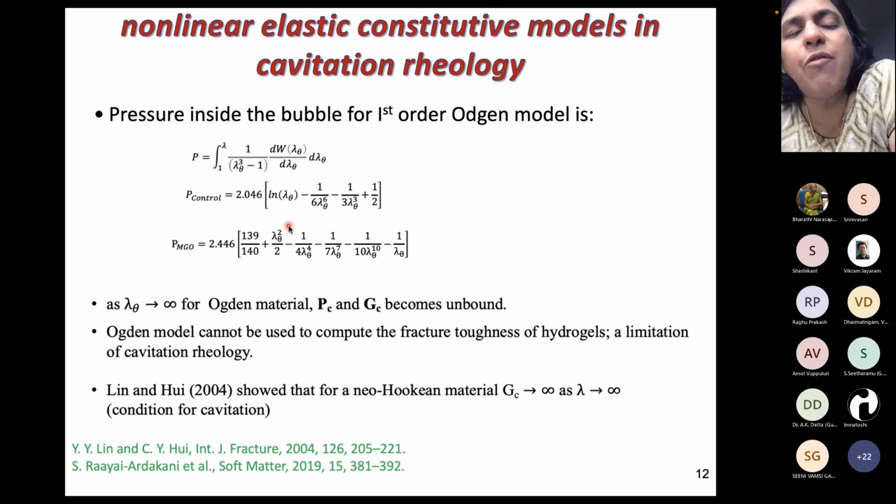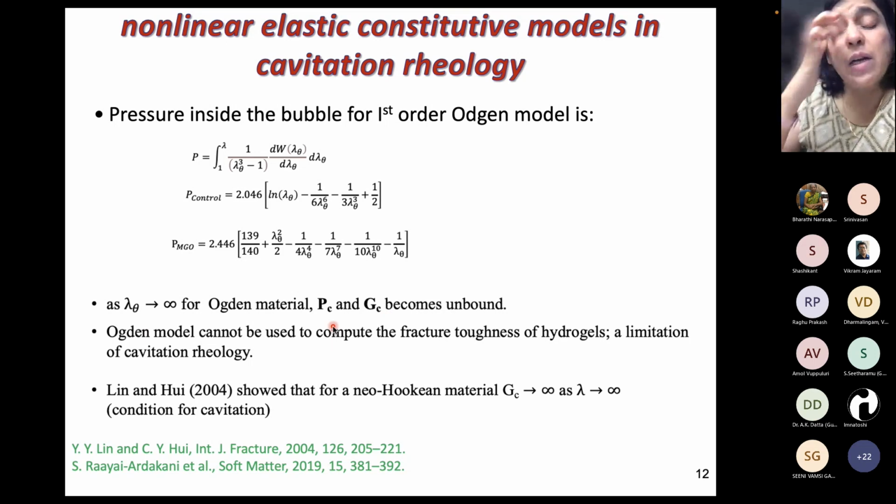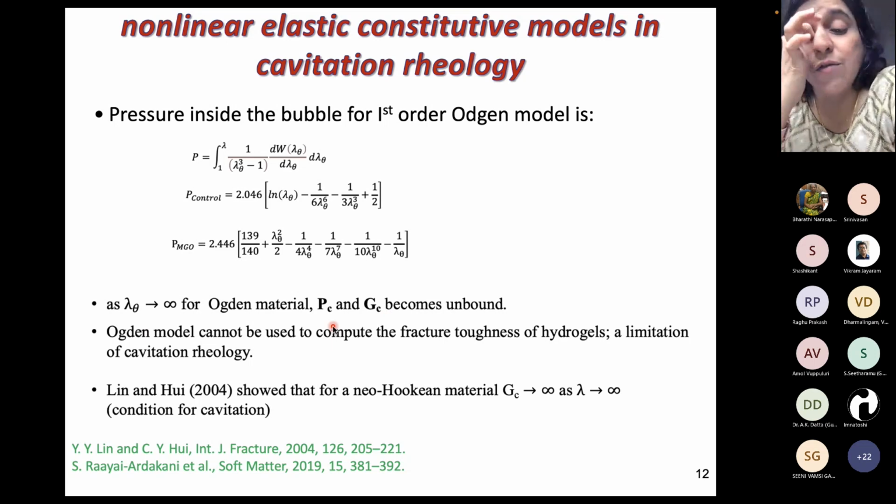So to look at failure under cavitation, if we explore this relationship in the limit of lambda theta tending to infinity for this Ogden material, what we see very quickly is both the PC values and the GC values become unbounded. Which tells us that these models cannot really be used to compute the fracture toughness of hydrogels.